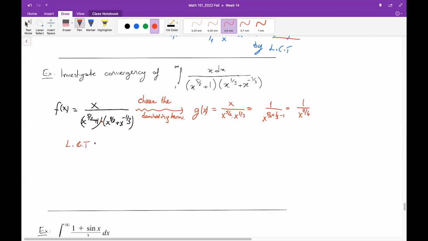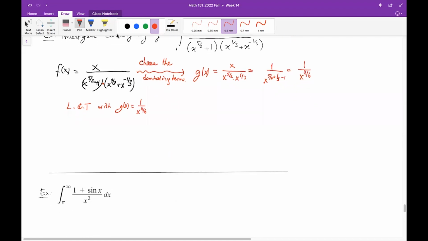So now I am applying the limit comparison test with the g of x that I found by choosing the dominating terms. So let's compute the limit with this g of x. It is f of x over g of x as x goes to infinity.